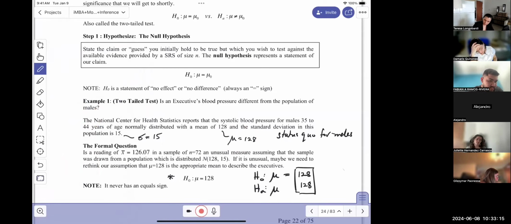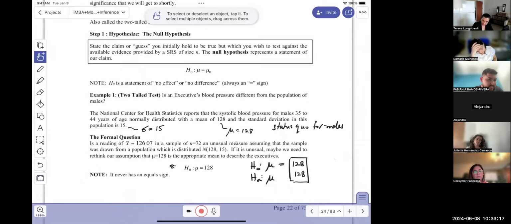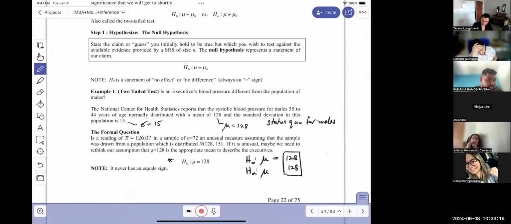All I have to figure out next is whether this is greater, less, or not equal. What do we want to sort out? The question was, is an executive's blood pressure different from the population of males? It just said the word different.